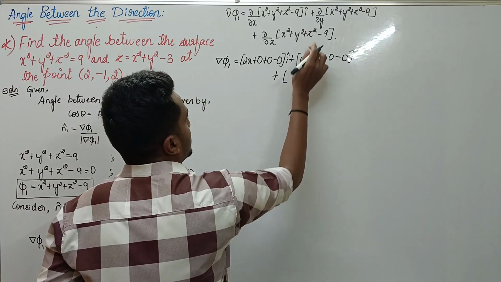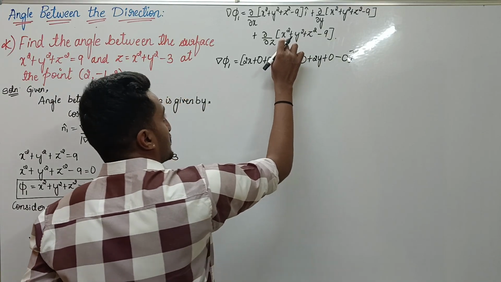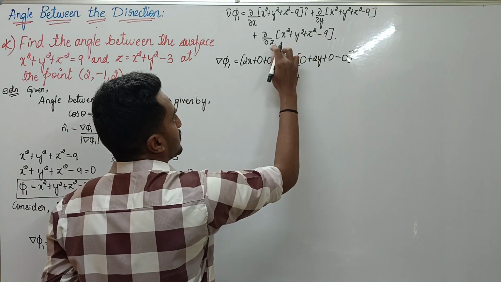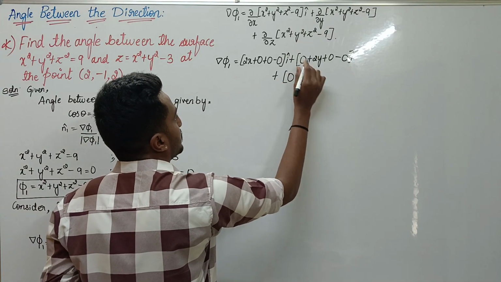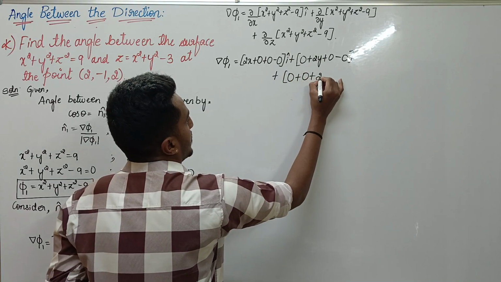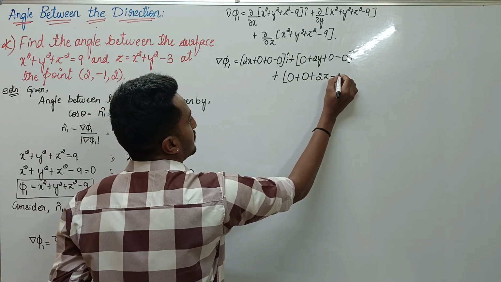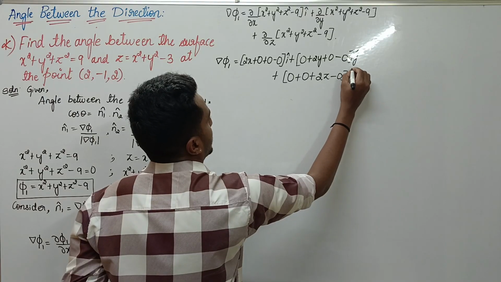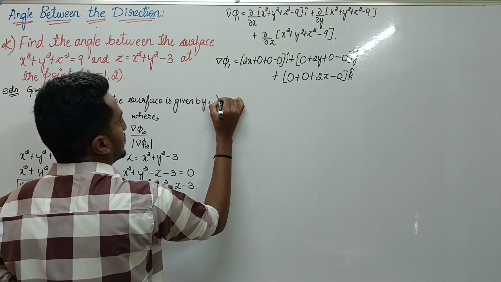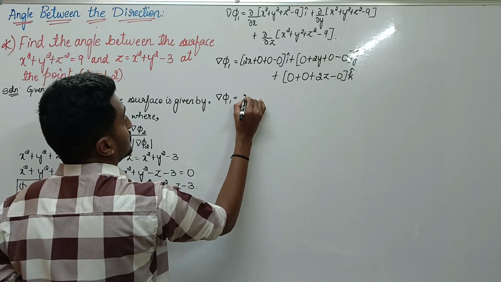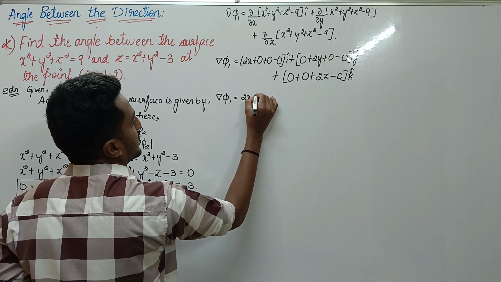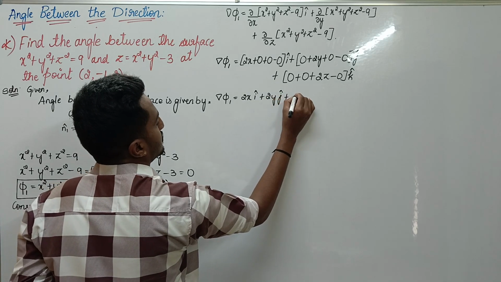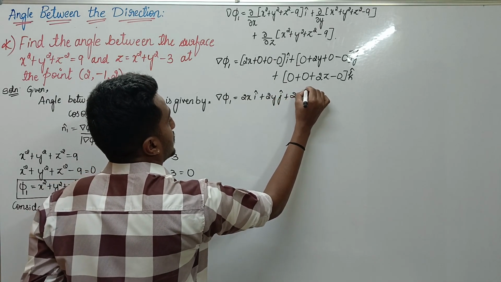Now differentiate with respect to z: x square gives 0, y square gives 0, z square gives 2z, minus constant 0, with respect to k cap. So gradient phi1 is equal to 2x i cap plus 2y j cap plus 2z k cap.